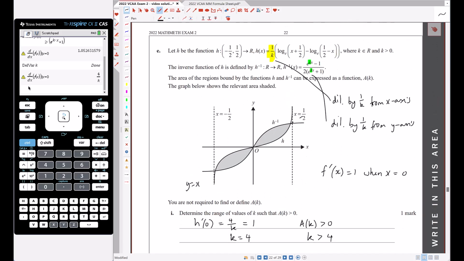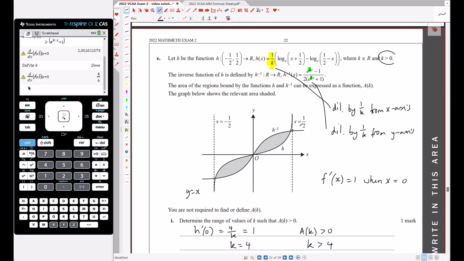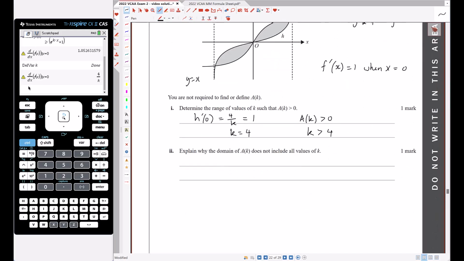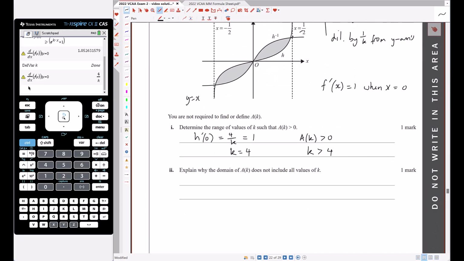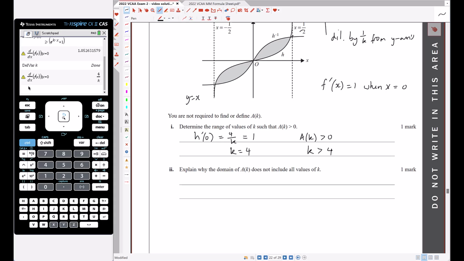Okay, we had a clarification up here that k has to be bigger than 0, but actually it has to be bigger than 4 for A of k to be defined at all. And so that's just about us offering an explanation. So we're going to say if k is between 0 and 4, so we don't need to think about k outside of those values because the question already specified that k had to be bigger than 0.